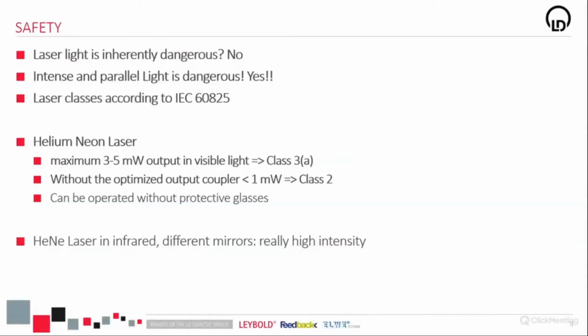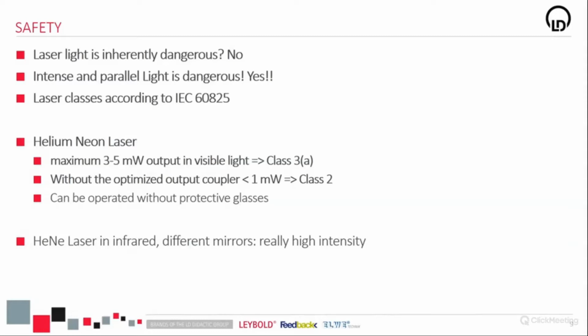Talking about safety now and then, laser light is not dangerous by itself, but high intensity light is dangerous, and that's why we have something like an IEC 60825 regulation. For our helium neon laser, with best alignment and a lot of time, you can achieve something like 3 milliwatts of output power when you're using a special output coupler.